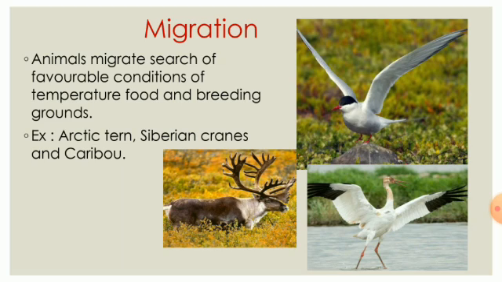So animals do need comfortable temperature because beyond a particular temperature they cannot survive, and they need a certain type of food and breeding grounds too. So in search of all these conditions, they move from one place to another, and that movement is called migration. Example: Arctic tern, Siberian cranes, and caribou.